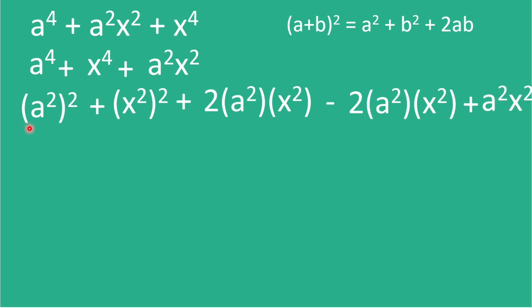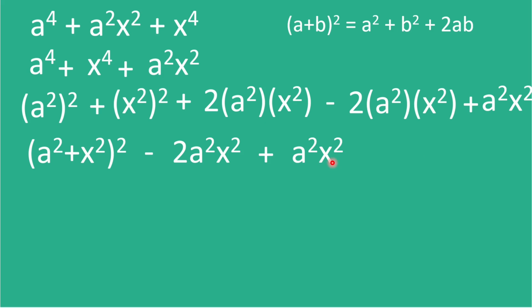Now in the question up to here we have this equal to a plus b all squared. So this part of the question will become a square plus x square all squared, and then minus 2a square x square, and then plus a square x square.